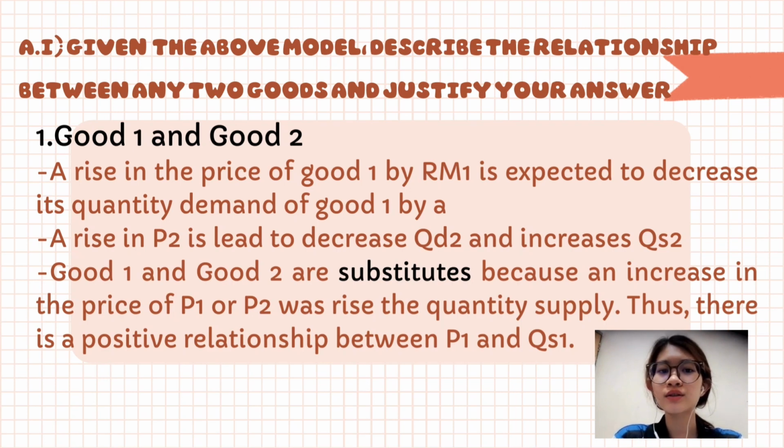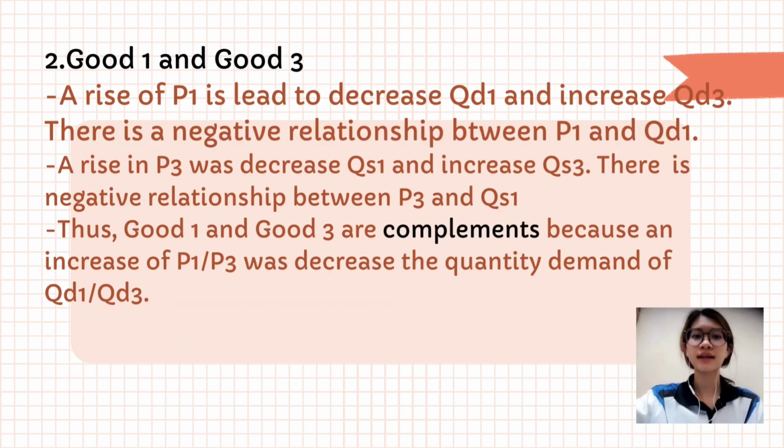So the relationship between good 1 and good 2 are substitutes because an increase in price 1 or price 2 raises the quantity supply. Thus, there is a positive relationship between price 1 and quantity supply 1. My second answer for question A1 is good 1 and good 3.